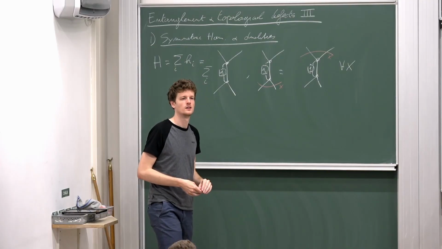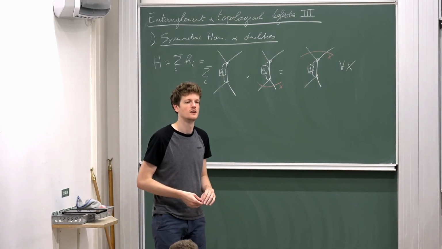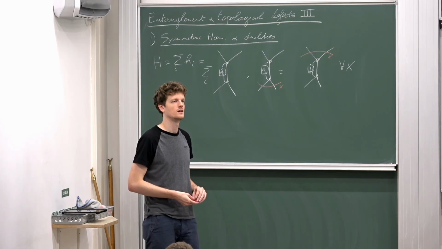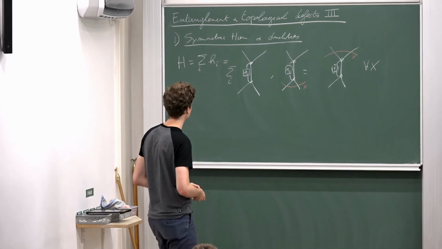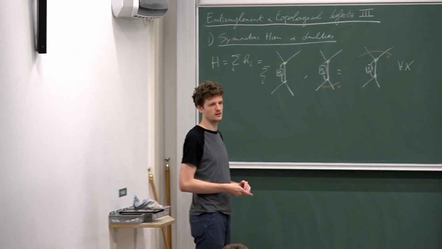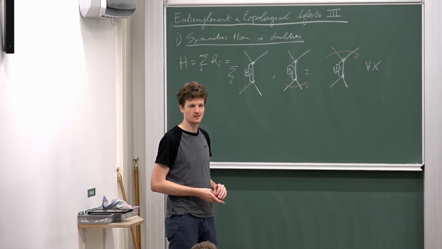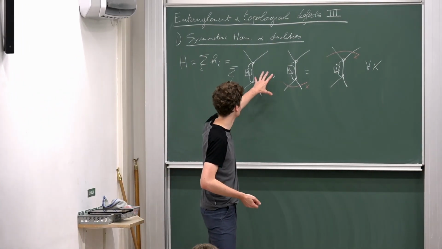In the first lecture, you wrote the Hamiltonian as some string of these three-valent vertices. Did I? That was a matrix. I think I was talking about the matrix product states then. That's a state. So here I'm talking about a local Hamiltonian.